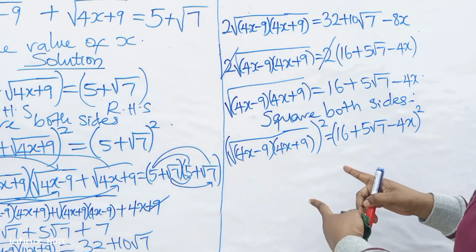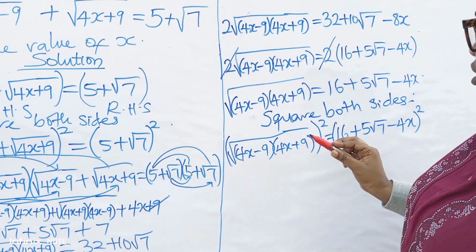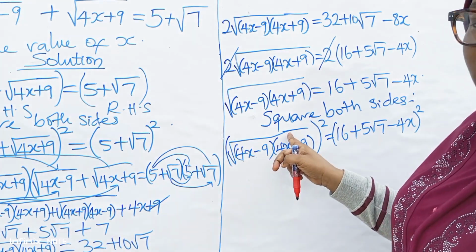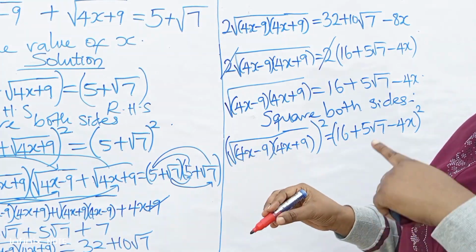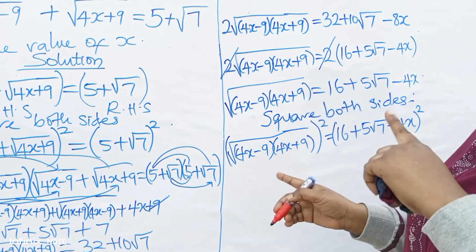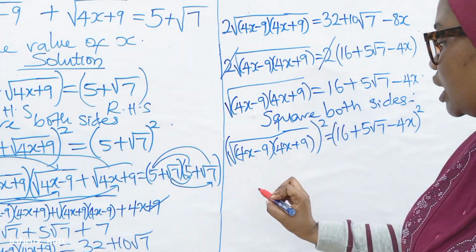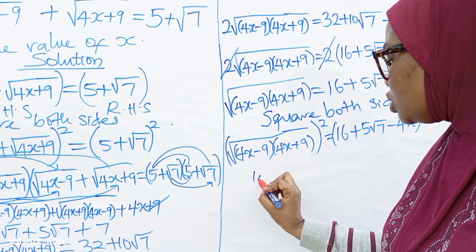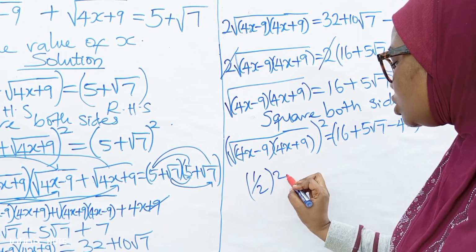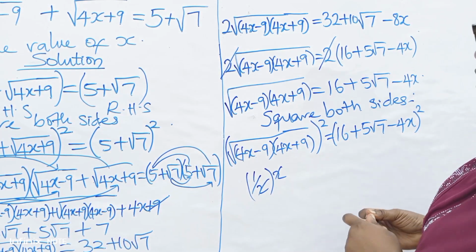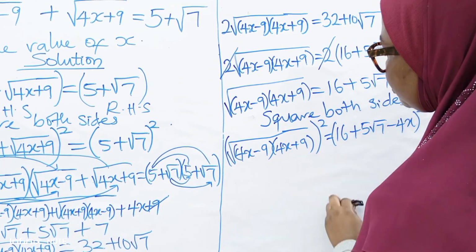Now, what does this mean? This means that if I take the square of a square root, they are going to cancel each other. You know, I told you that square root means 1 over 2. So if I multiply it by 2, this is going to change.